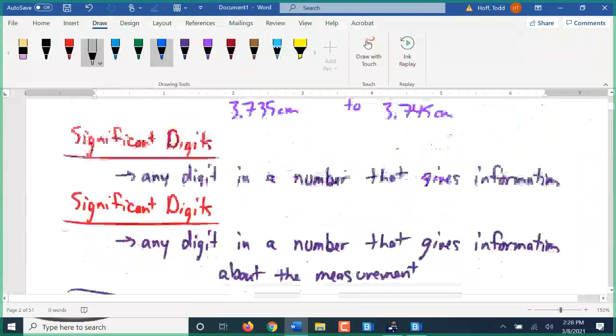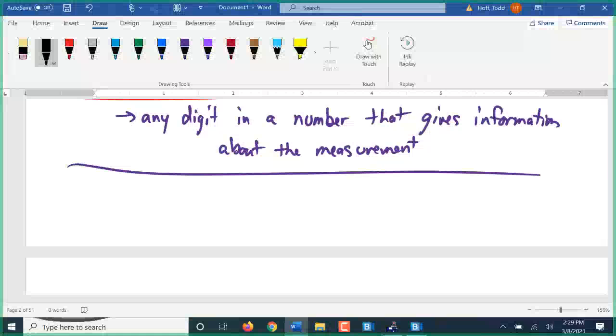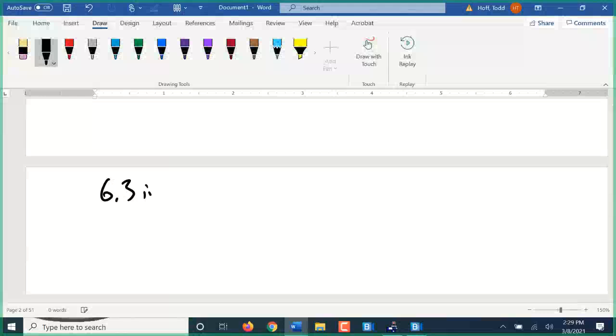And like I said, we're not getting into significant digits, which means we're not going to get into rounding numbers and adding them together. But we should be aware, if I have a measurement like 6.3 inches, and I'm adding to that 0.02 inches, is that really something valid to do?